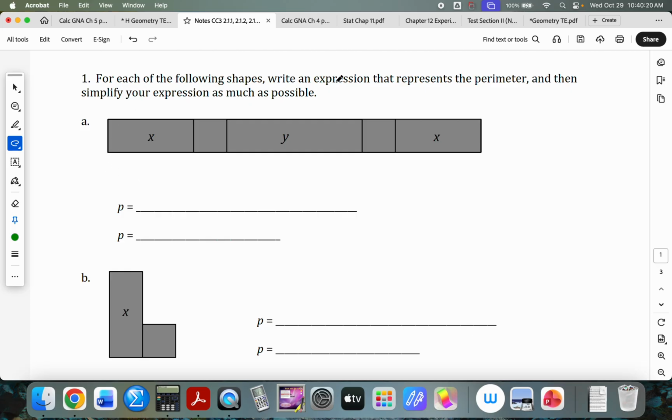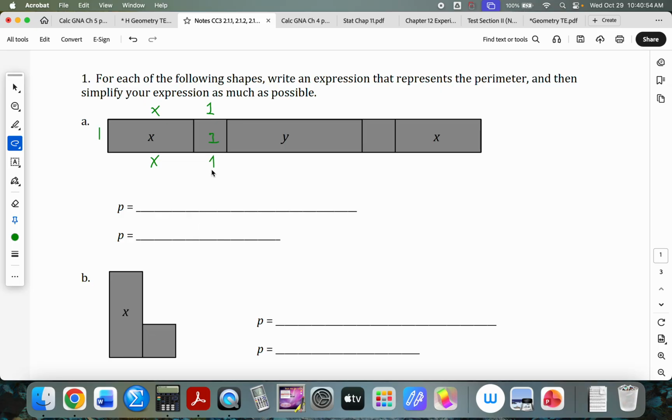So it says, for each of the following shapes, write an expression that represents the perimeter and then simplify your expression as much as possible. So for this x tile, the longer distance is x and the shorter one is, excuse me, is 1. This is the unit tile, or the 1 tile.